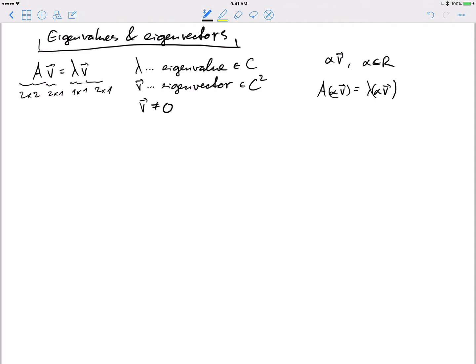This still holds. So alpha V is still an eigenvector with the same eigenvalue lambda. So the scale of the eigenvector doesn't matter at all, unless you made it 0. Geometrically, the eigenvector is an arrow, and you can scale it up or down, but you better not scale it to 0, because then you cannot get the direction out of it anymore. That's the idea.